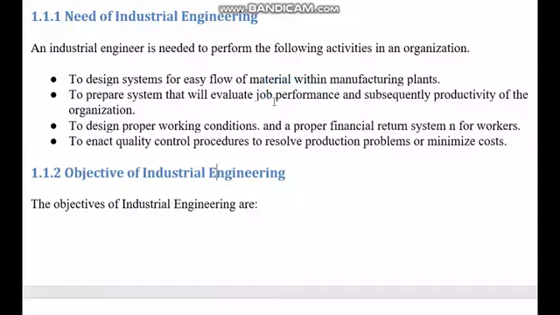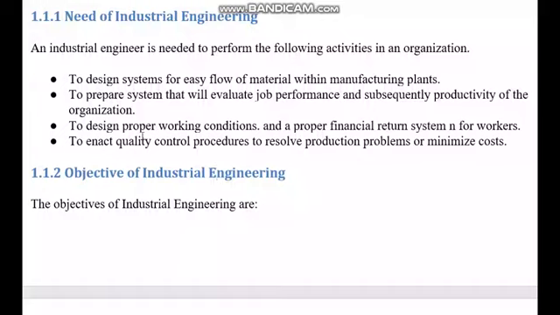You will be able to say this person is a skilled worker, this person is a semi-skilled worker, or this person is an unskilled worker, by evaluating the job performance. So you should be able to prepare systems which will evaluate the job performance of the workers, and subsequently the productivity of the organization. This is another activity.